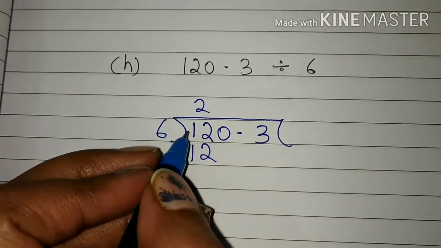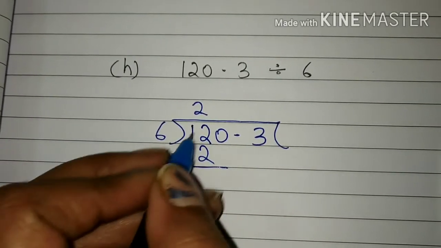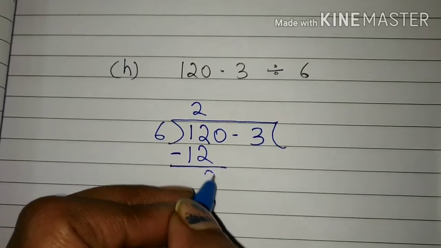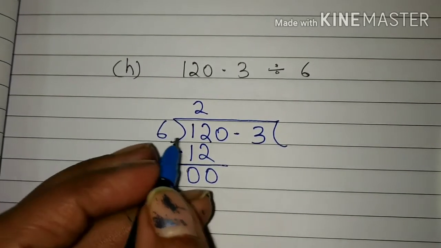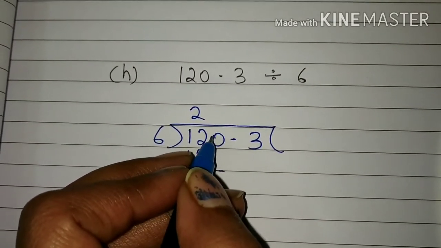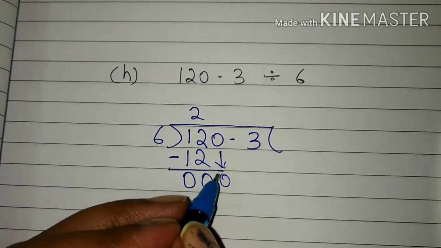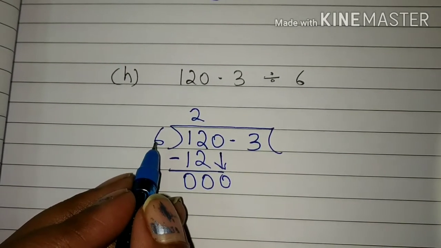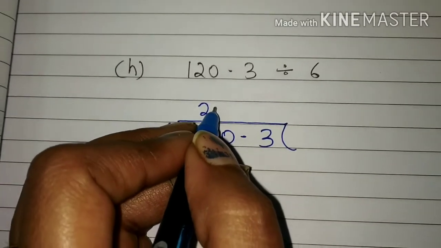Now students, we will subtract these two numbers. 2 minus 2 is 0. 1 minus 1 is 0. Students, now we will copy down the next number, that is 0 here. Students, 0 cannot be divided by 6. So we will write 0 here.